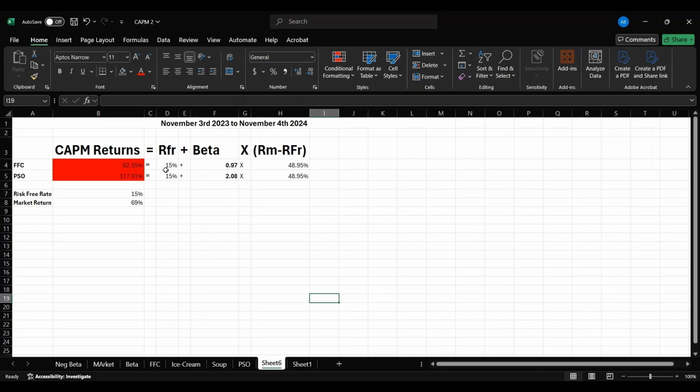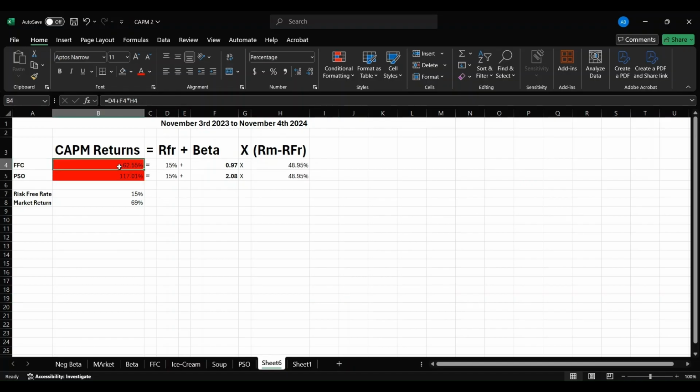I'm taking an assumption that the risk-free rate, or the rate expected on government securities, is 15%. I add to that the market premium, which is 69% from the period of November 3rd, 2023 to November 3rd, 2024, and I multiply it by the betas of both FFC and PSO in their respective cases.